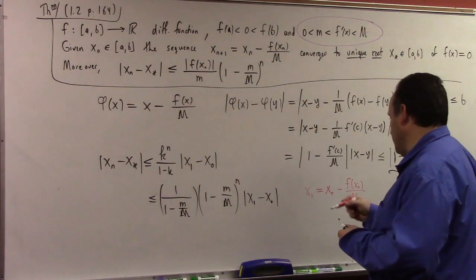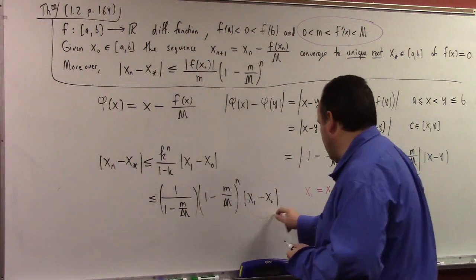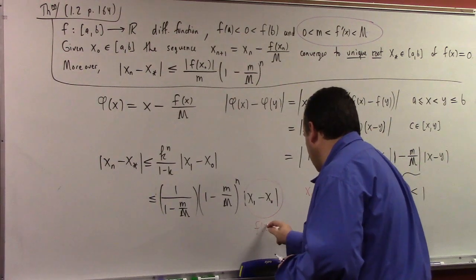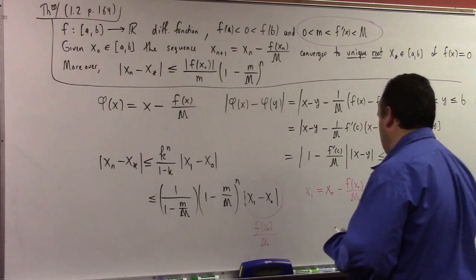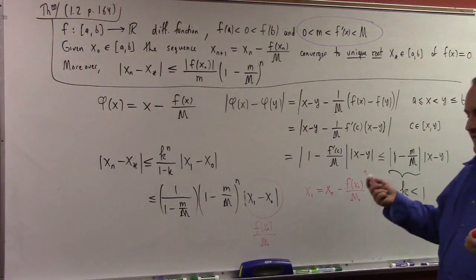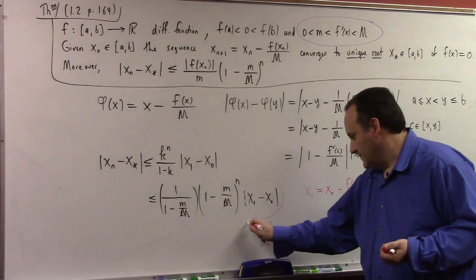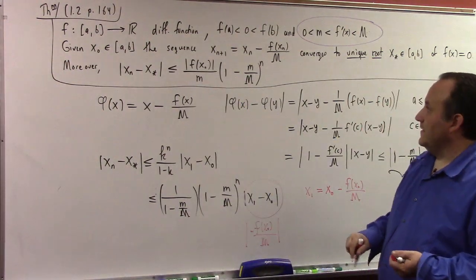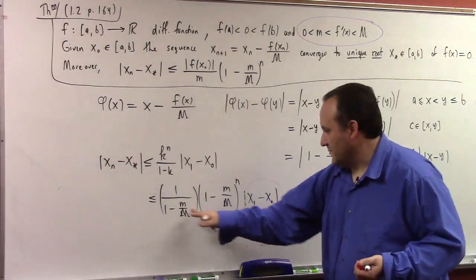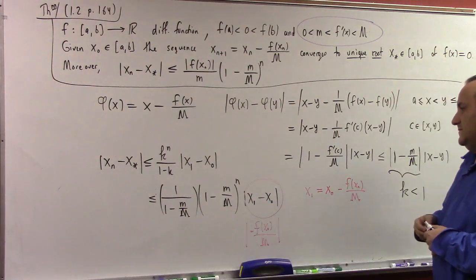So you see this right here. This is literally f of x0 over m, right? Well, there's a minus, fine. So that's that. And then all that remains is just to do the algebra on this.